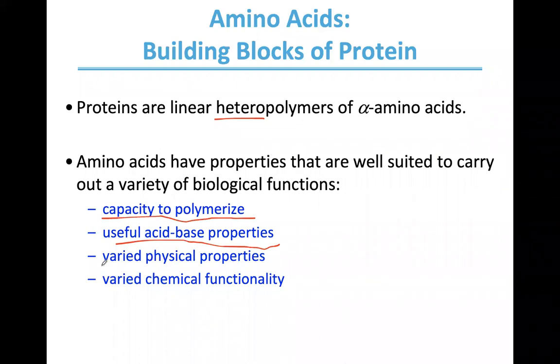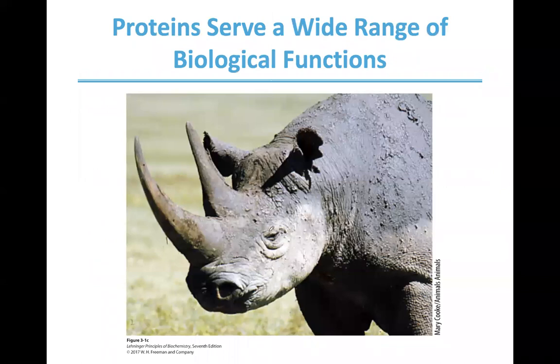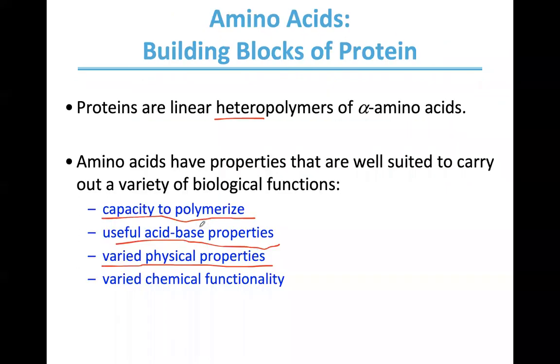Varied physical properties: we want the keratin in the black rhino to be very strong, and there's a reason why keratin is very strong, because of its physical properties. And varied chemical functionality: enzymes carry out lots of reactions, and those reactions are based on the chemical functionality present at the active site of these enzymes.